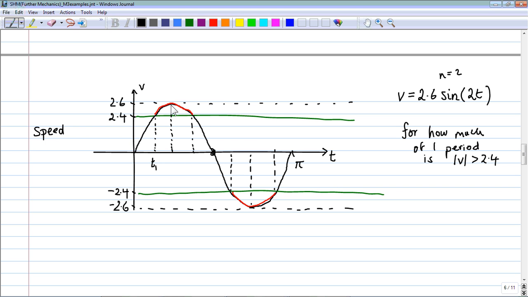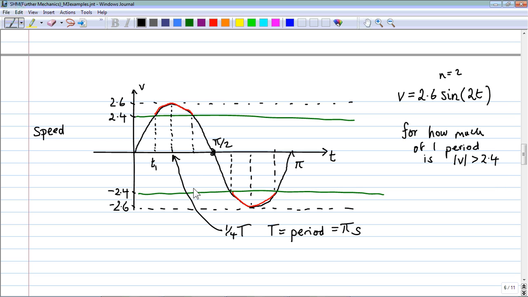But there's more symmetry than that, isn't there? Because this point here is 1/4 of T, where T is the period, which in this case is pi seconds. So this is actually pi over 4, isn't it? Yeah. So this is pi over 4. This, of course, is pi over 2 here.